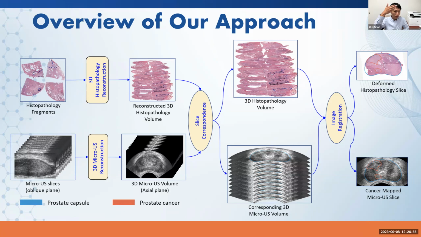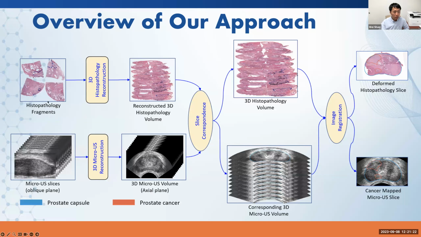What we do, we first have the probe detect the sagittal plane, where you can see the urethra and the ejaculatory duct. What you do next is just rotate your probe from the left to the right side of your body, so that the acquisition planes of micro-ultrasound are in those pseudo-sagittal planes, or we call those oblique planes.